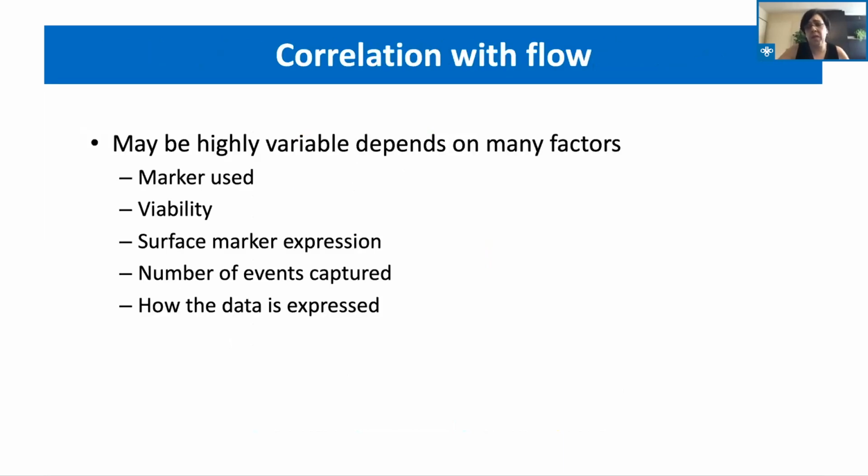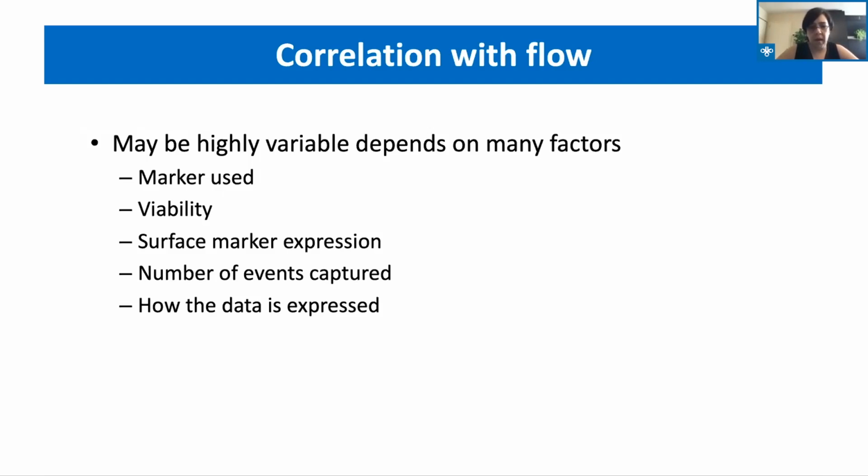Even though we can say we can detect disease or not detect disease, and the concordancy is usually high, the actual correlation in the level of disease with flow can be highly variable, and it depends on many factors: the different markers that are used, the viability of the sample, the surface marker expression, the number of events that are captured, and also how the data is expressed.